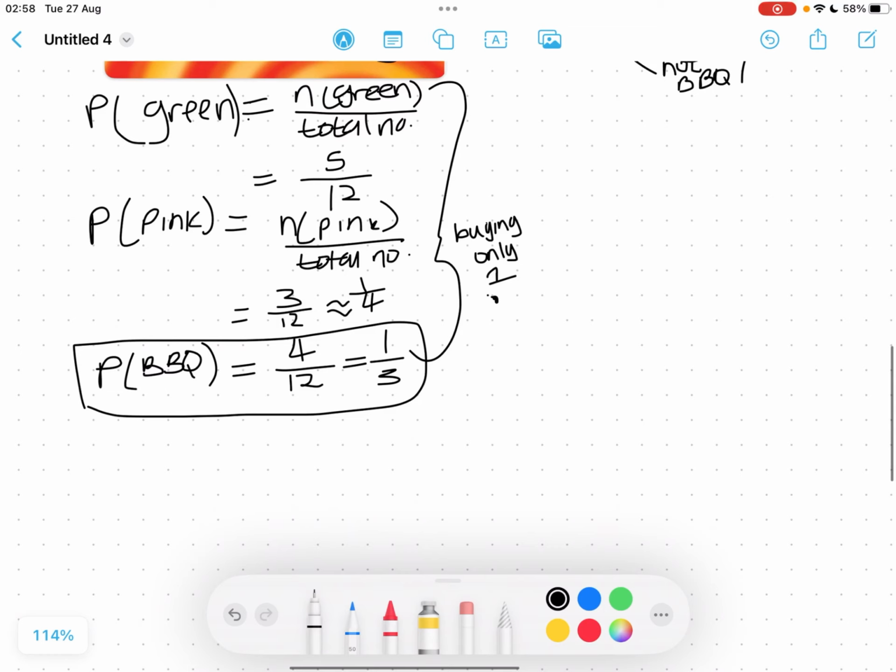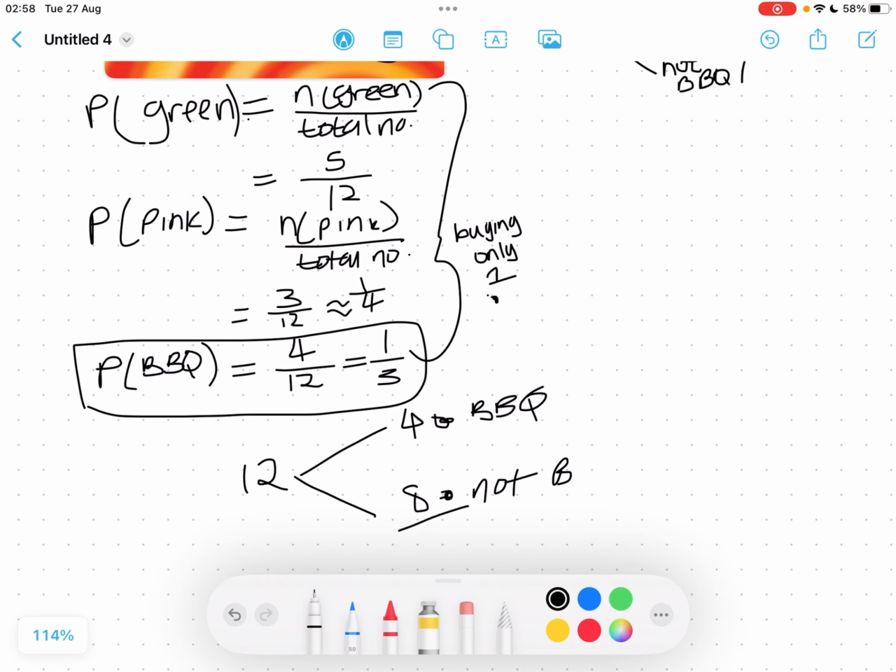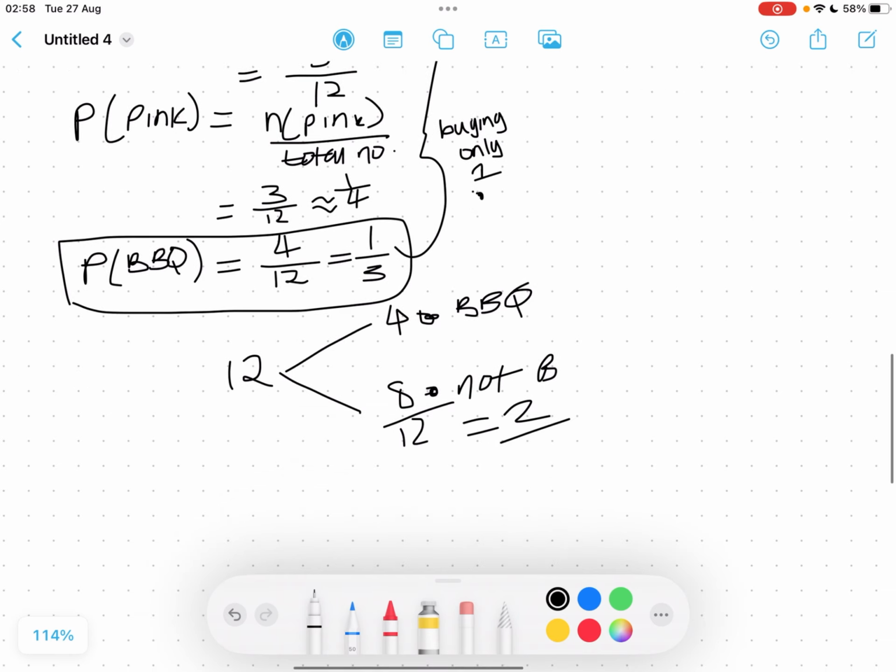Because of all these 12 snacks, we have 4 that are barbecue and 8 that are not barbecue. So you're either gonna pull out from these 4 or from these 8. So it's barbecue or it's not barbecue. So 8/12 is the probability of not taking out barbecue, which is 2/3. So I have 1/3 and 2/3.